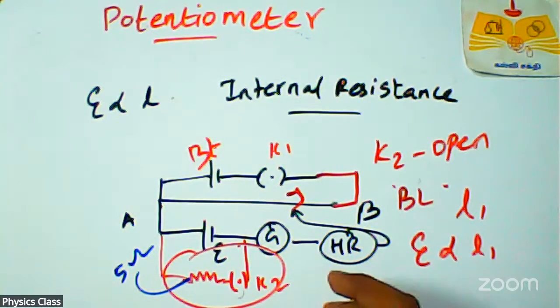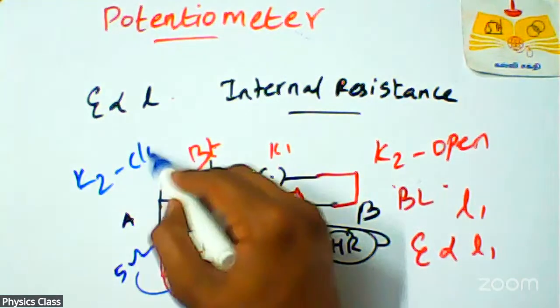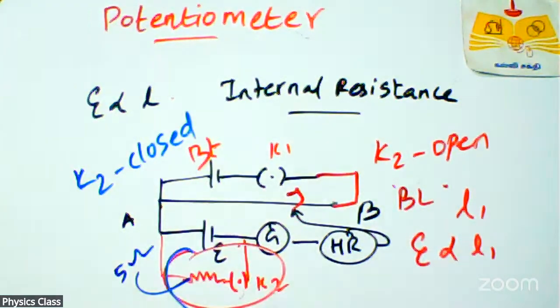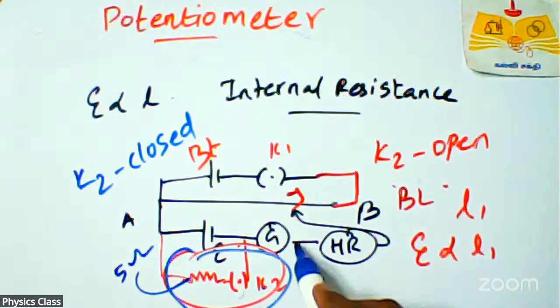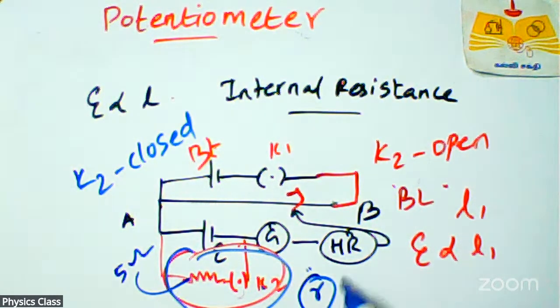So key K2 is closed. Closed means this circuit is now included in the circuit, so current passes through it. That's why I'm saying that this circuit is included. Okay. Right. So K2 is closed. Now, let r be the internal resistance of the cell.